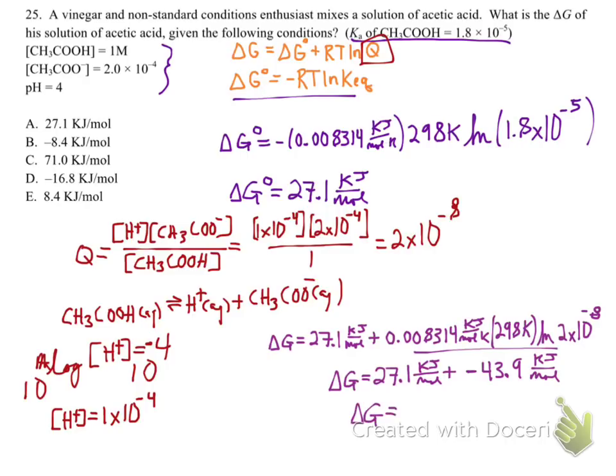So our delta G ends up being negative 16.8 kilojoules per mole. So while this acid dissociation is not favorable under standard conditions, with such a small value for Q, we still may need to make some more products. So this would indeed go forward.